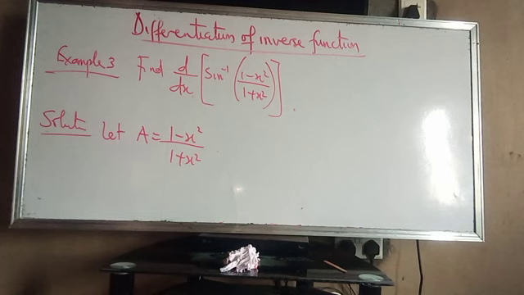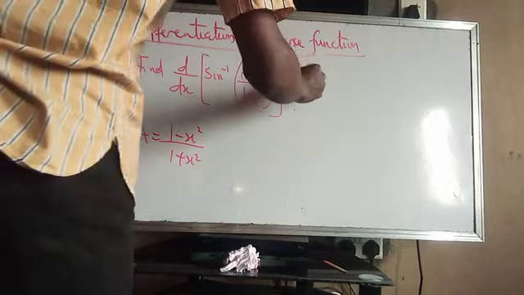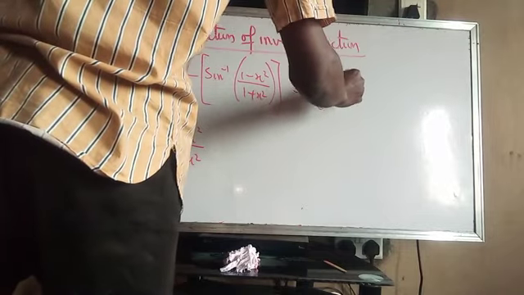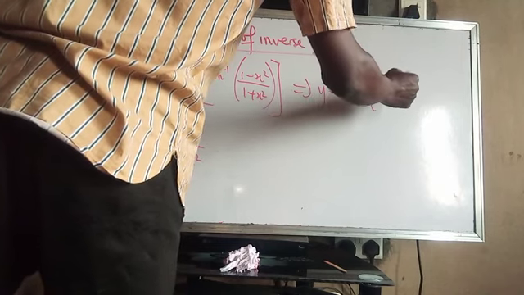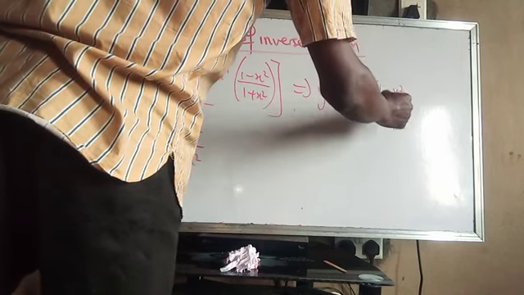Now, we first of all must recognize that a is a rational value. So it pertains that we need to get the equivalent of this, because what we have to find, this one means y is equal to arc sine of 1 minus x squared all over 1 plus x squared.